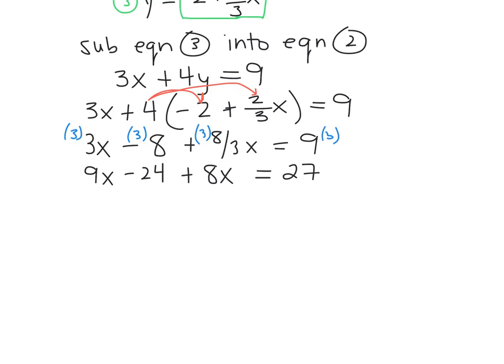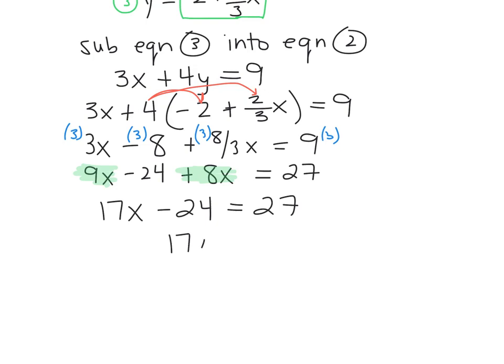So now I'm going to collect like terms. So I've got a 9x and an 8x that could be put together. And I've also got a 24 that I could choose to bring over to the right-hand side. So 9x plus 8x is 17x minus 24, which is equal to 27.